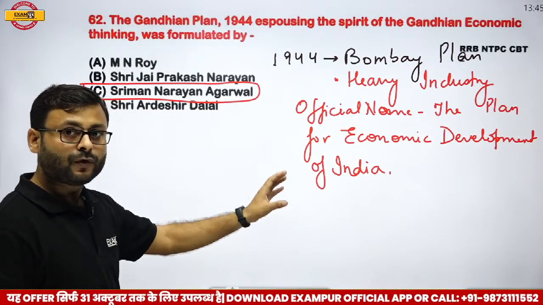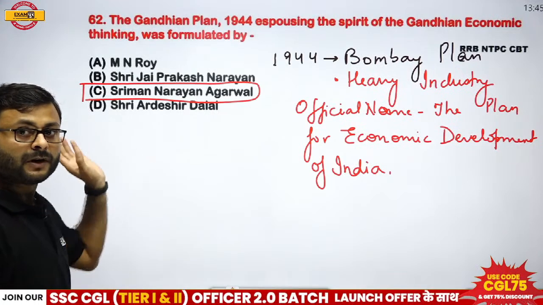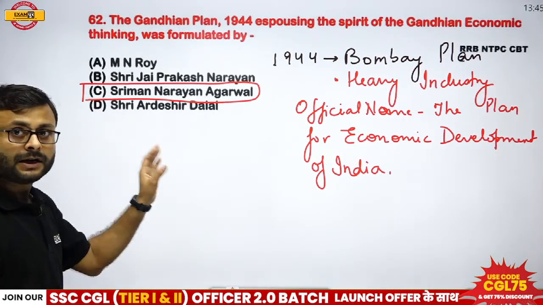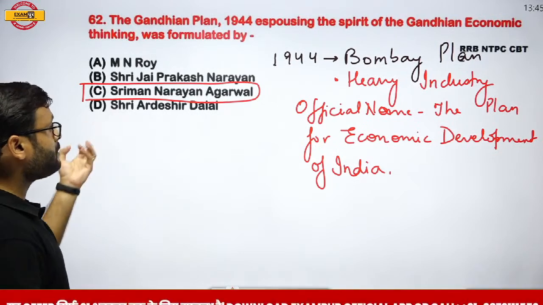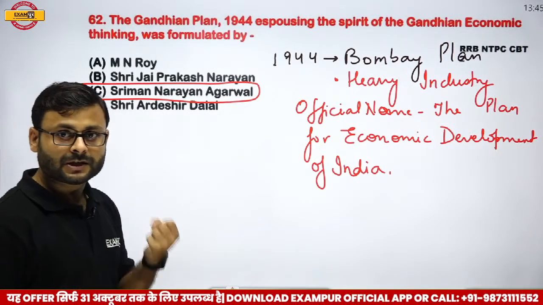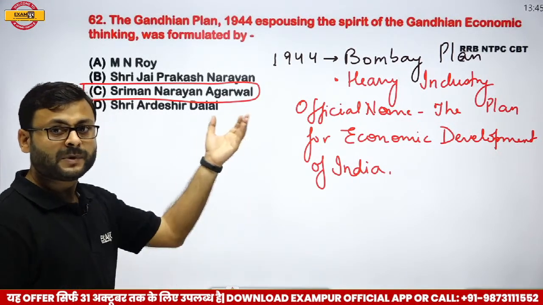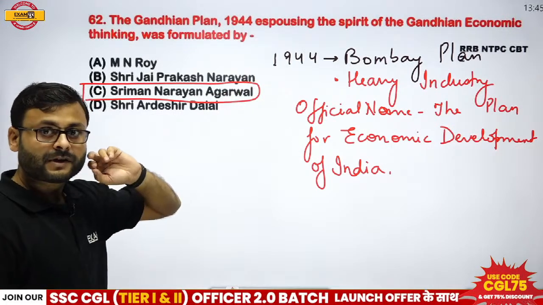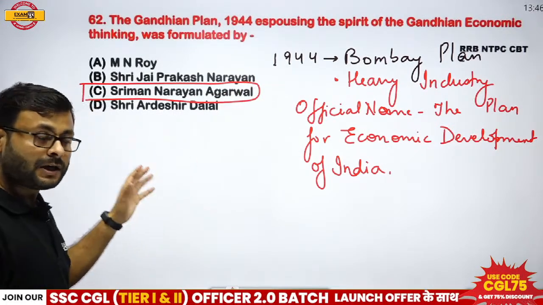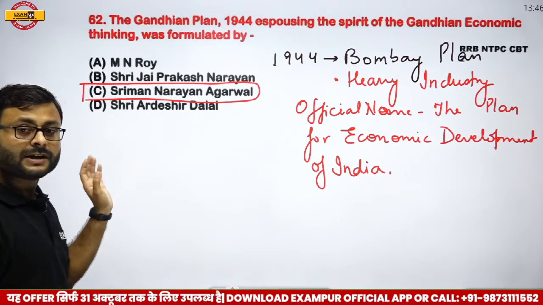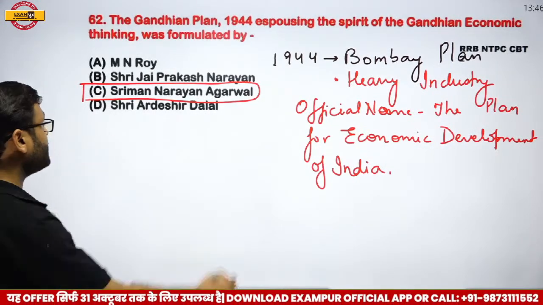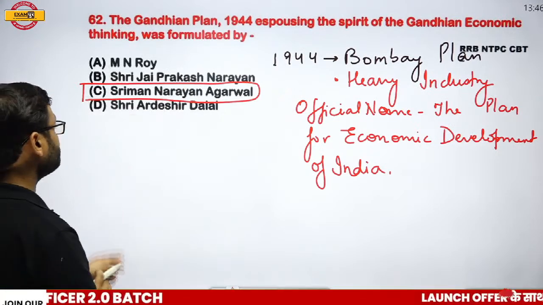So we have to focus on increasing the number of employment opportunities in the country. We have to give a plan so that less capital is required and everyone can make an investment in the establishment of industry. And on the other hand, we have to focus on the creation of employment opportunity. So the Gandhian plan was presented by Sriman Narayan Agrawal.